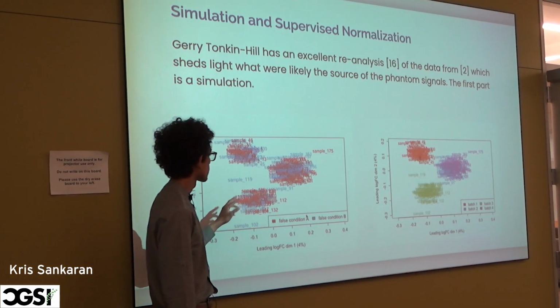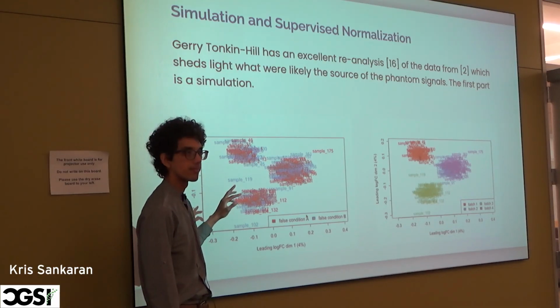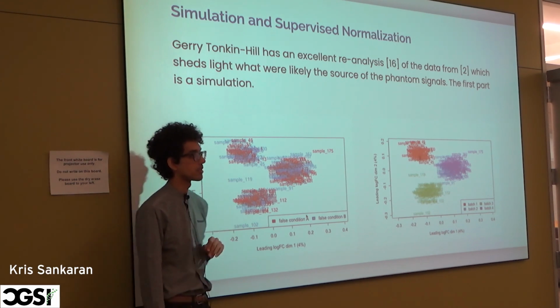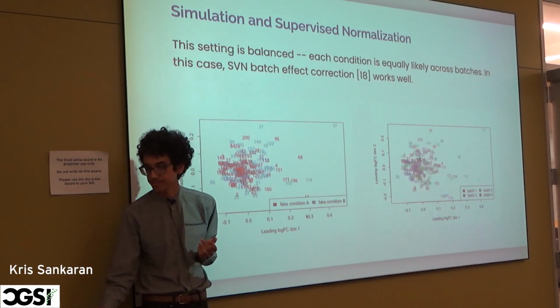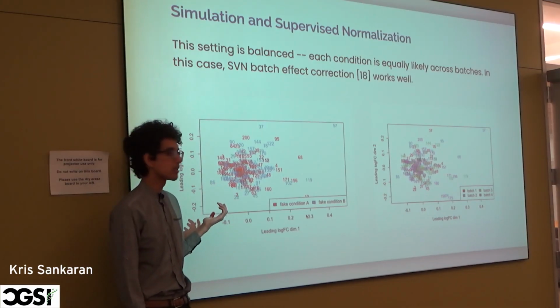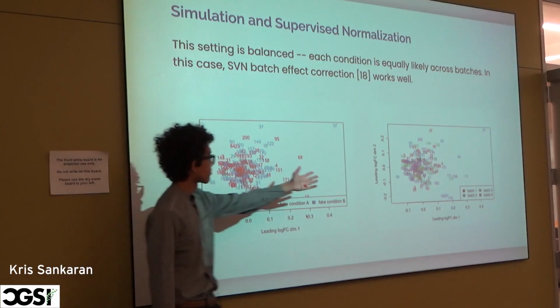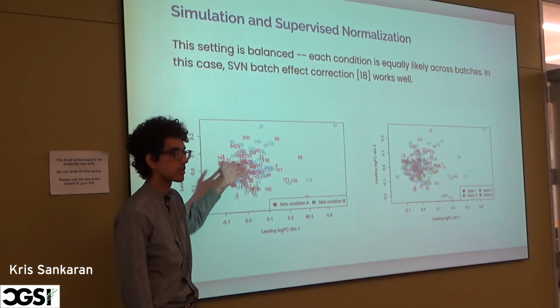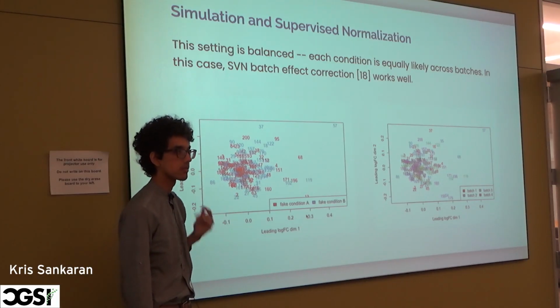The 2 colors are disease and healthy. Here there's no signal. In each hospital, there's no disease-healthy group effect. You apply the supervised batch effect correction method, and it does what you expect. The 4 hospitals are now exactly overlapping. There's no systematic structure across the diseased and healthy. This is what you want.